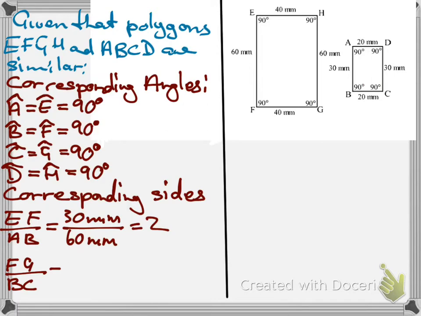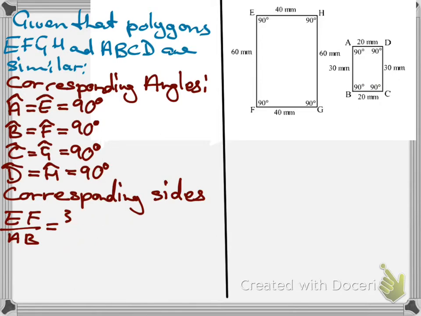Right. So basically, EF over AB is 60 millimeters divided by 30 millimeters, which is going to be equal to 2.